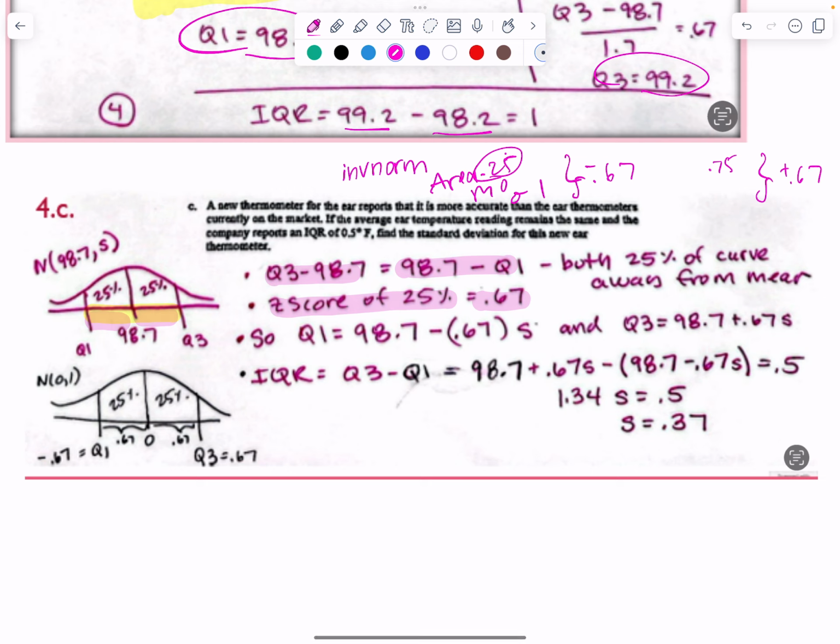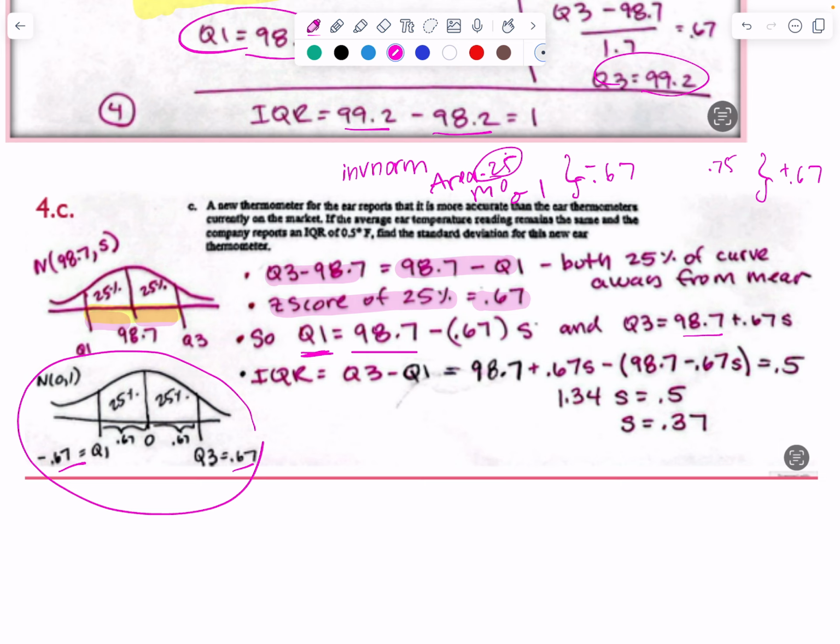So look down here on this one: the z-score is negative 0.67 for Q1 and positive 0.67 for Q3. So Q1 is just equal to 98.7, my mean, minus 0.67 standard deviations, and Q3 is 98.7 plus 0.67 standard deviations, because it's not a full standard deviation away, it's a little less than a standard deviation away.